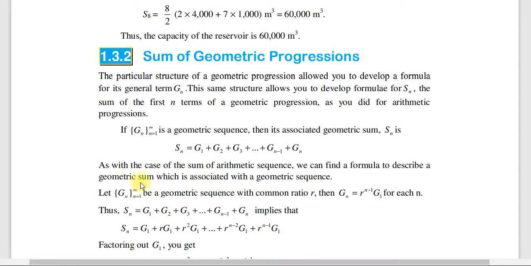So as in the case of the sum of an arithmetic sequence, we can find the formula to describe a geometric sum which is associated with a geometric sequence.